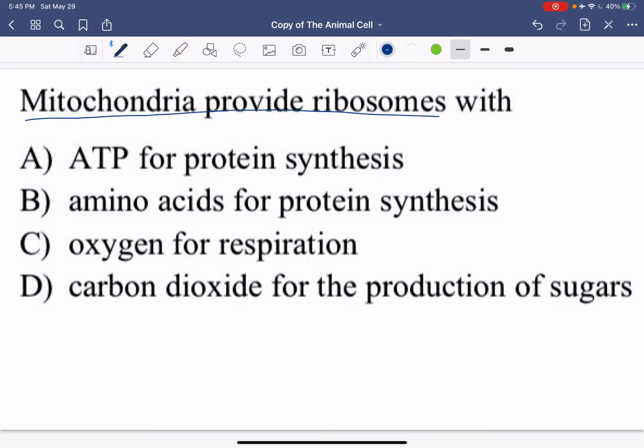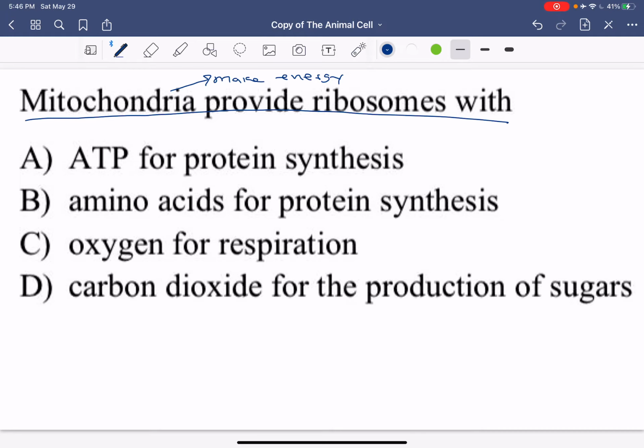Mitochondria provide ribosomes with, okay, before you even read, what does mitochondria do? We know that it makes energy, right?